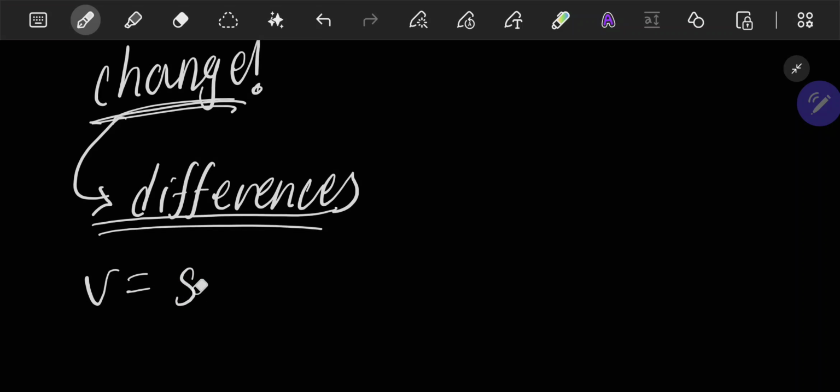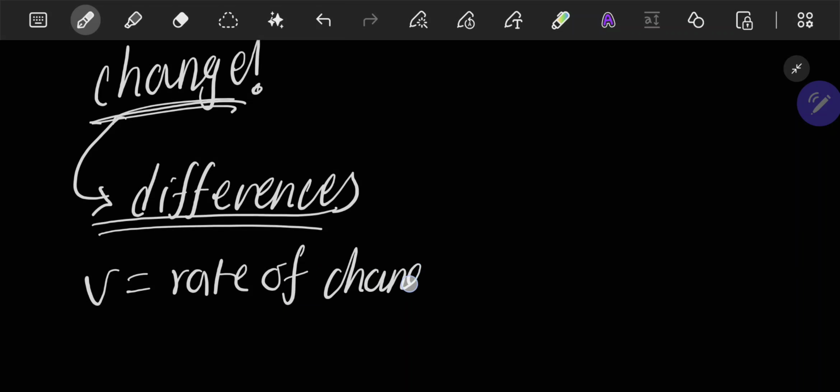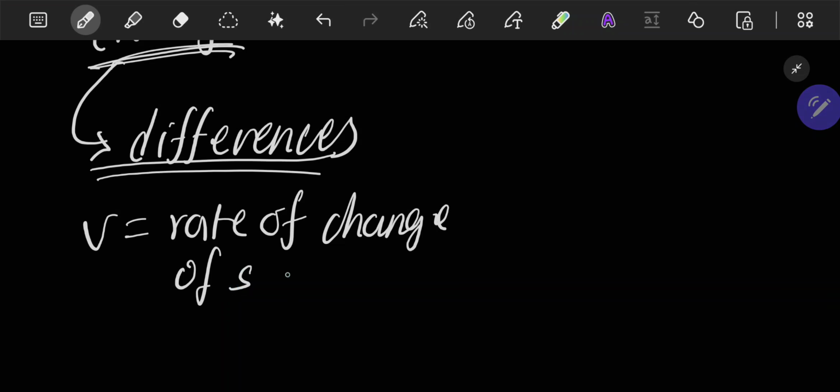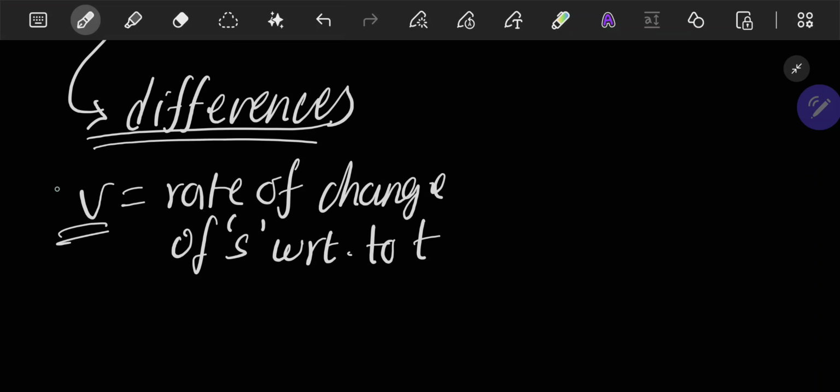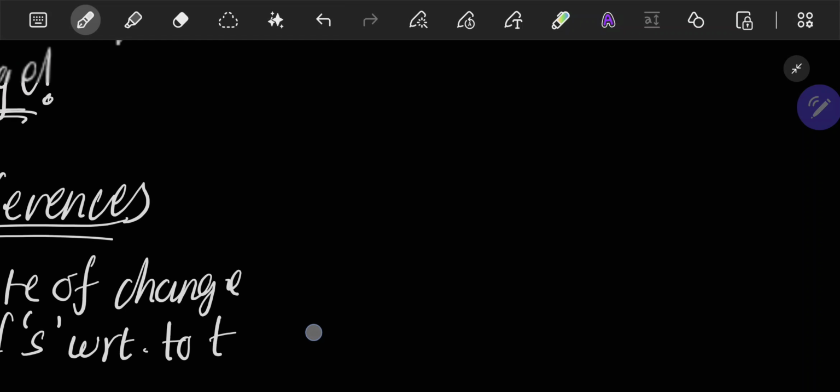Well, this is not equal, but the rate of change of displacement, or rather s, which is displacement, with respect to time, is known as velocity. And this is, of course, a very important concept in mathematics and, well, physics as well.